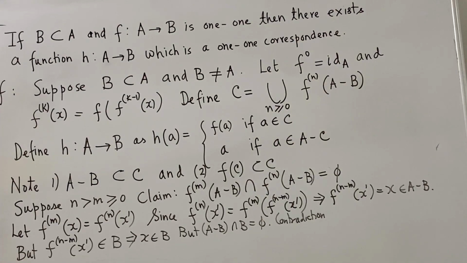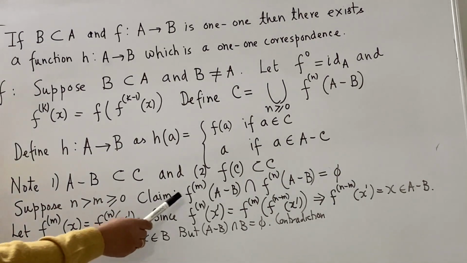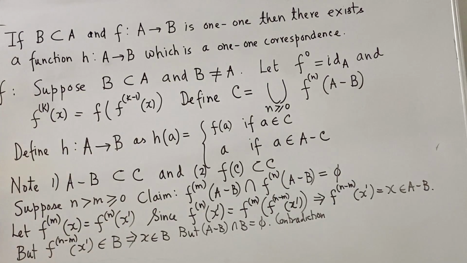Now suppose that n is greater than m, greater than or equal to 0. We claim that f^m(A minus B) intersection f^n(A minus B) is the null set. To do that, we use the method of contradiction. So suppose we have x and x' both in A minus B such that f^m(x) is equal to f^n(x').